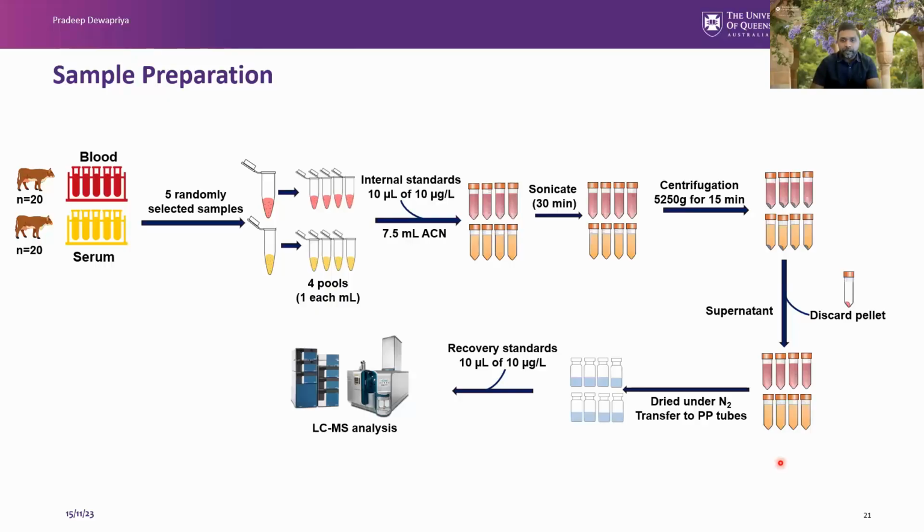And then we added acetonitrile to precipitate protein, and then the sample was sonicated for 30 minutes and centrifuged for 15 minutes using an ultra high speed centrifuge to obtain supernatant.